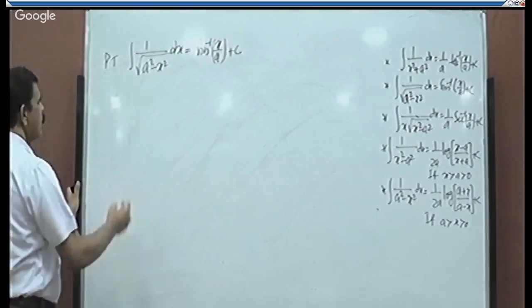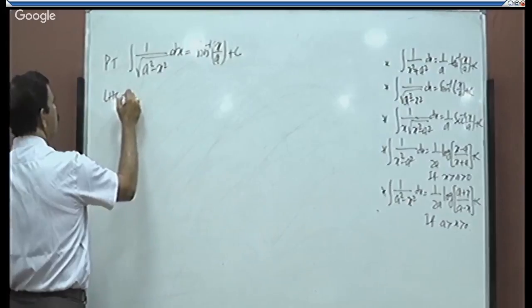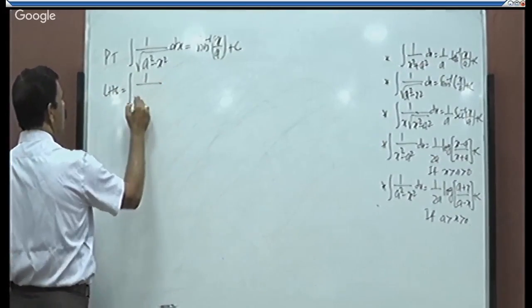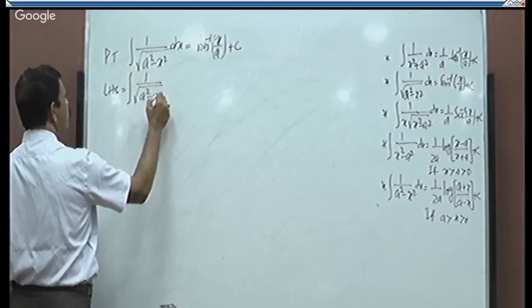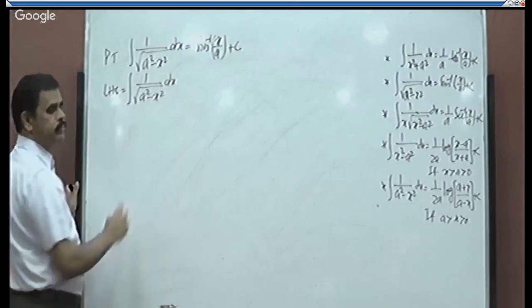Right? Take the left hand side. What is the left hand side? Integration of 1 by root of a square minus x square into dx.